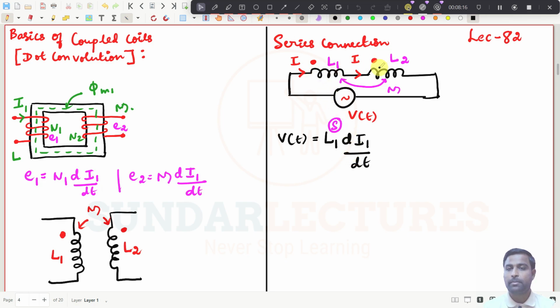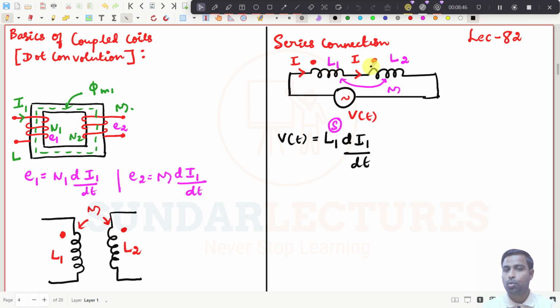Since this coil is coupled with this coil, I have a mutual inductance. So what do I need to do here? This current I is entering through the dot in this coil, and you also have to consider the second coil, what current and in which direction it is going. The current I is also flowing through the dot in the second coil.